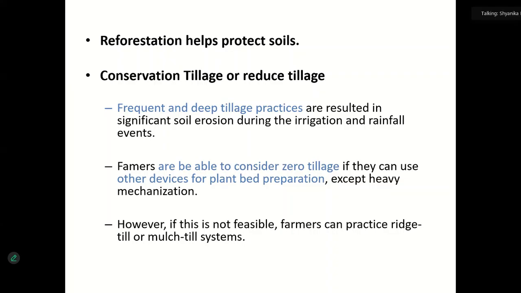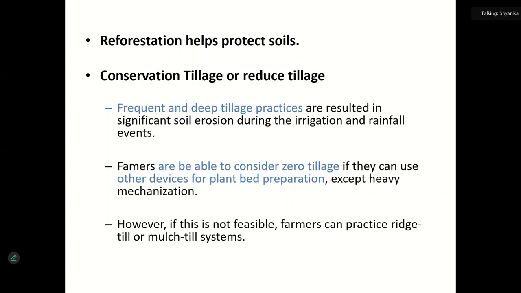So after they identify an area as a marginal area, we have to practice reforestation or restoration practices to bring the soil status back to normal conditions, right? So reforestation and restoration are also helpful to protect soil.